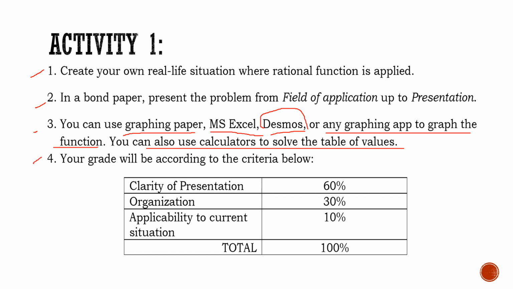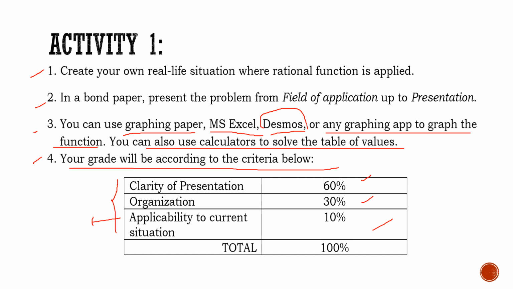For number four, your grade will be according to the criteria below. So clarity of presentation 60%, organization is 30%, your applicability to current situation is 10%. So try to look for a situation which is aligned to the pandemic, which is COVID-19.